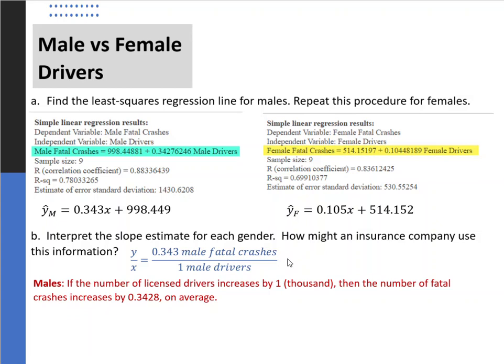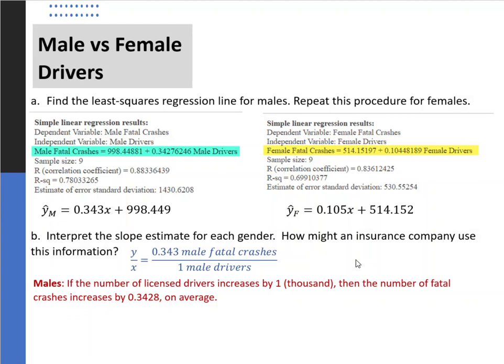Now, I didn't point out that in the spreadsheet we used in StatCrunch, all of those drivers for both the males and the females were per 1,000. A lot of times in statistics, they'll just drop those 3 zeros representing the number 1,000 to make your numbers a little easier to handle. So this is how I would interpret the slope for our male equation.